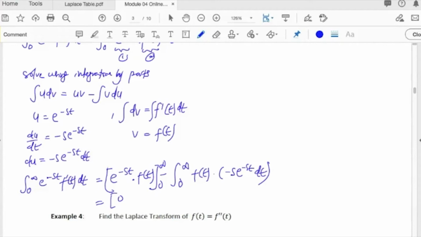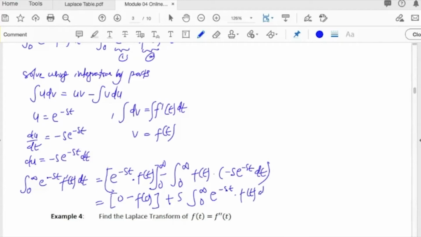And if you put 0 inside t, we have minus, exponent to the power of negative t will be approaching 1, so 1 will be multiplied with f(0). Then we have minus, and s we can treat as a constant, so we bring negative s outside the integration, so it becomes plus s integration from 0 to infinity of exponent negative st f(t) dt.